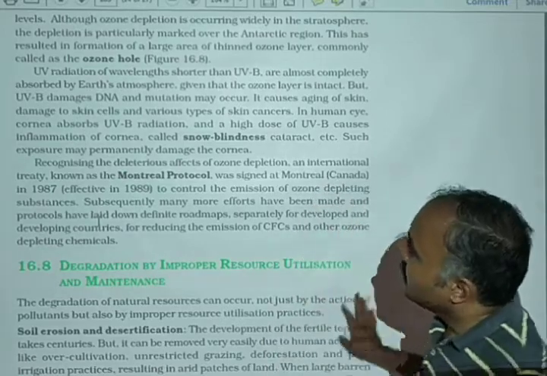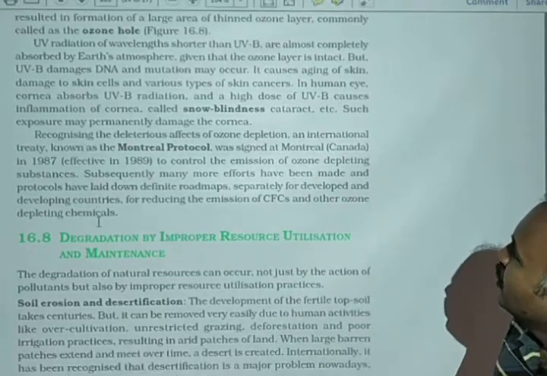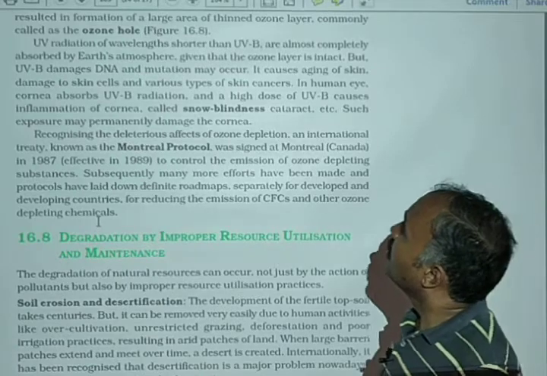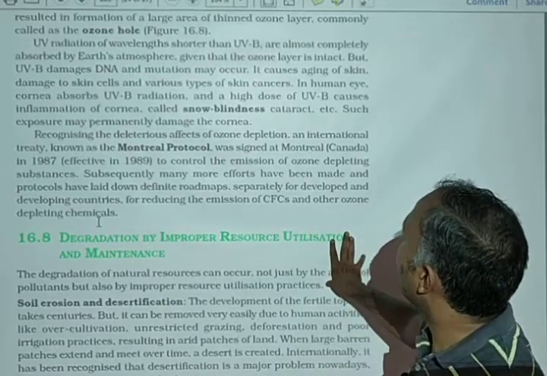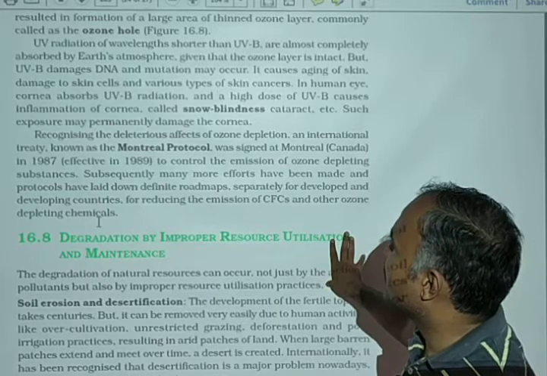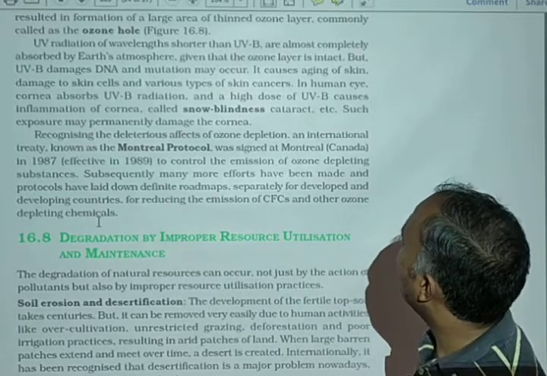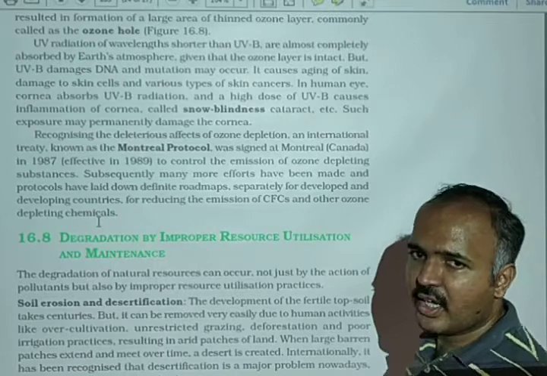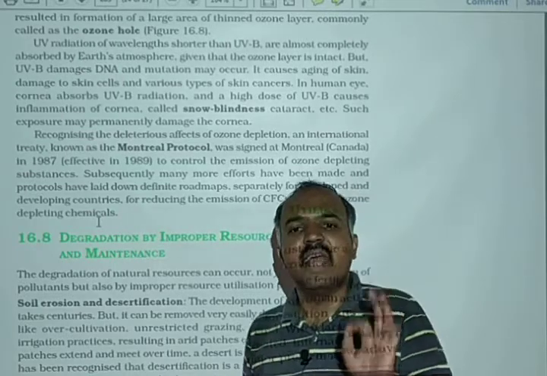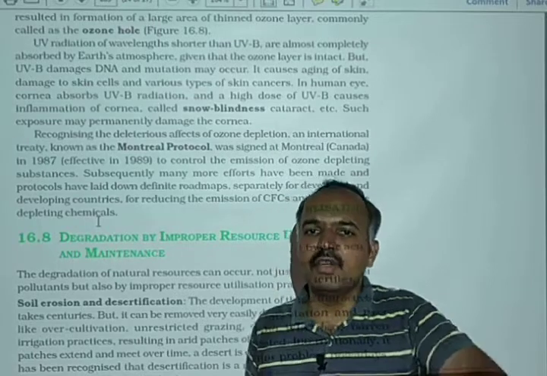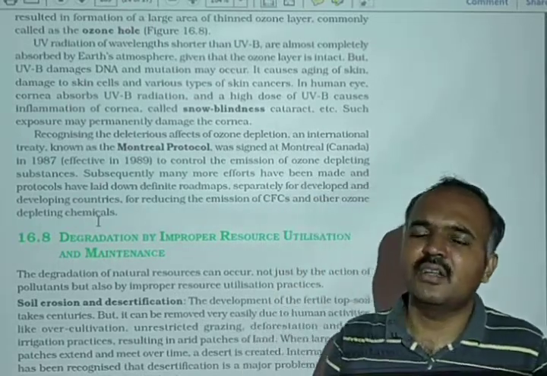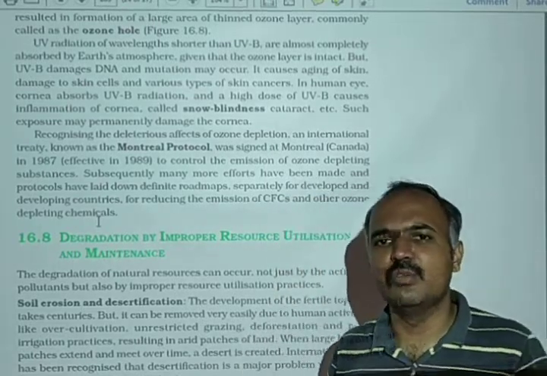UV radiation of wavelength shorter than UVB is absorbed completely by Earth's atmosphere, given that the ozone layer is intact. UV radiations are of many types: UVA, UVB, UVC.